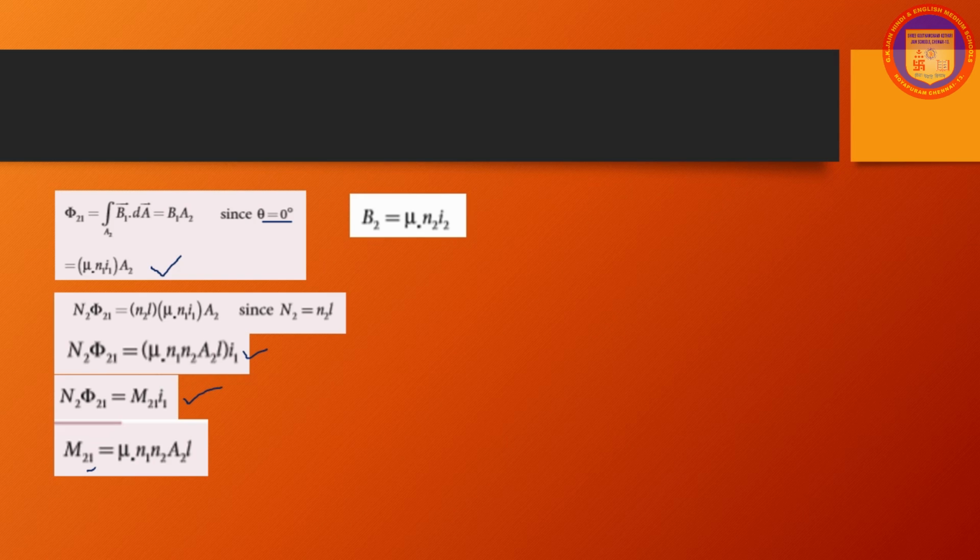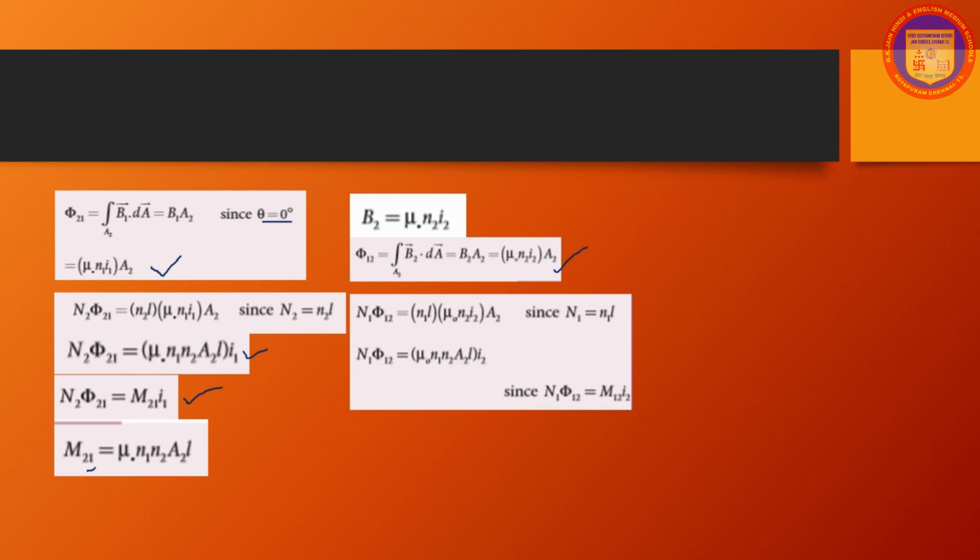In the same way, B2 is equal to mu naught N2 I2. Phi 12 is equal to the integral over A2 of B2 vector dot dA vector, which is equal to B2 A2, which is equal to mu naught N2 I2 into A2. Then the flux linkage of solenoid 1 with the total turns N1 L is N1 phi 12 equal to N1 L into mu naught N2 I2 into A2.